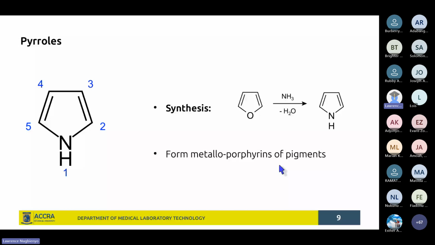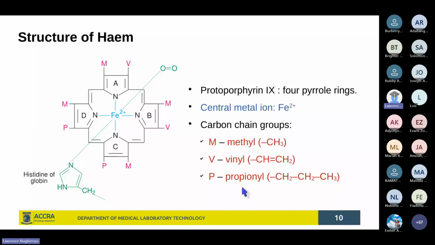You find these porphyrin structures as pigments in animals, say as hemoglobin, for instance. But you will also find similar structures in plant pigments like chlorophyll. So you see that these structures are actually very similar. So let's move on and take a look at the structure of the heme.